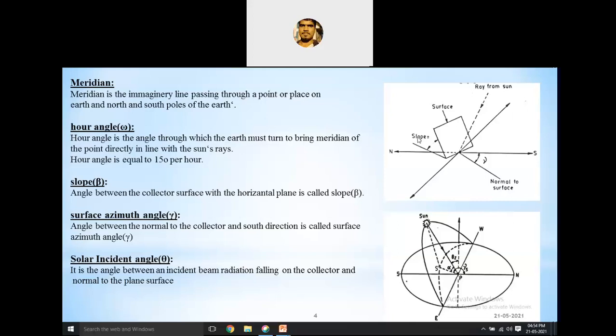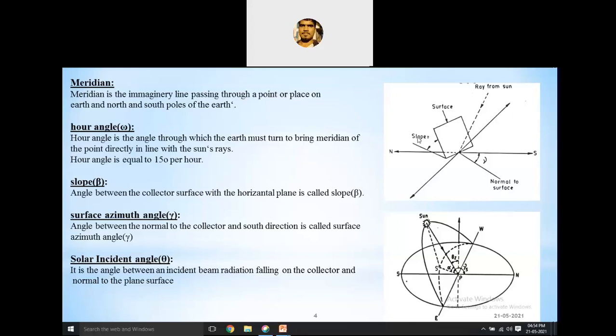If you look at houses, the tubes or flat plate solar heaters on the terrace are placed at such an angle. The terrace is considered as the horizontal, and they are placed at some inclination with respect to it. That angle is called the slope, or beta.